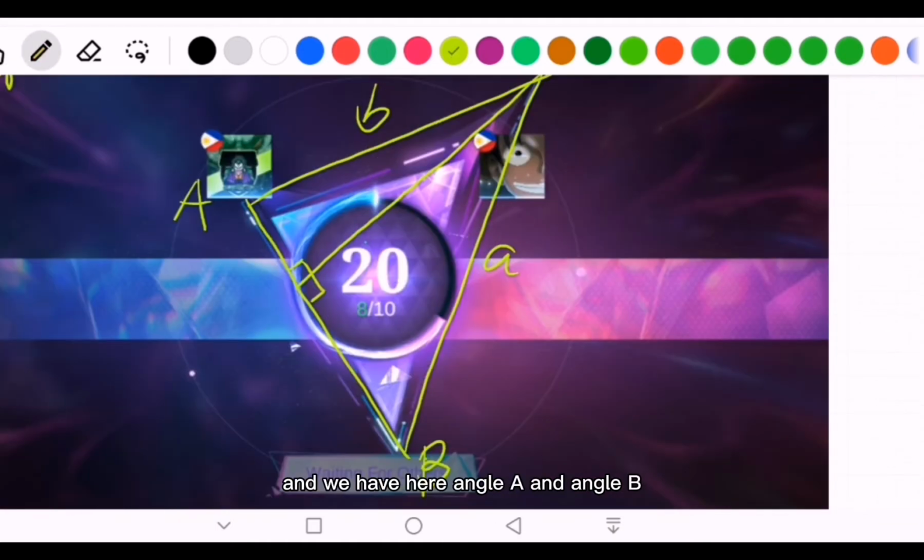And we have here angle A and angle B together with their opposite sides, which are side a and side b, respectively. So we have here two given angles and their opposite sides. And take note that we have also drawn an altitude right here. So let us label that X.